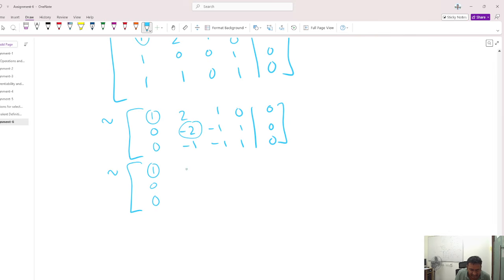So what is this matrix now? You know what row operations you have to perform. So let's say you make this down one 0. You will multiply by 2 and subtract. So multiply by 2, so that is minus 2 and subtract plus 1.